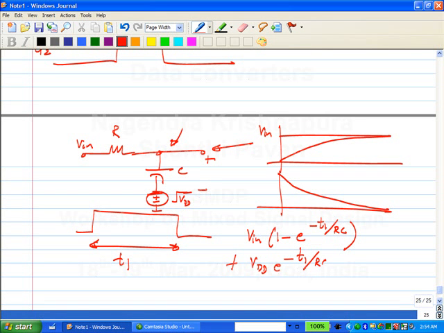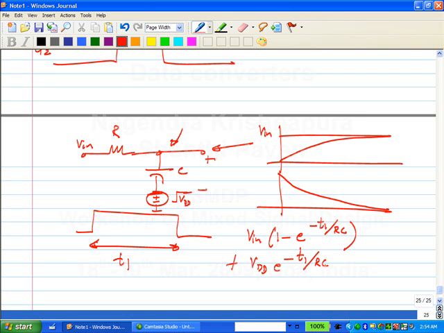Correct? So you can see that the voltage across the capacitor remembers the past and loses that memory with time, where the unit of memory is basically RC. Similarly, it's able to track the input voltage also with a time constant of RC.